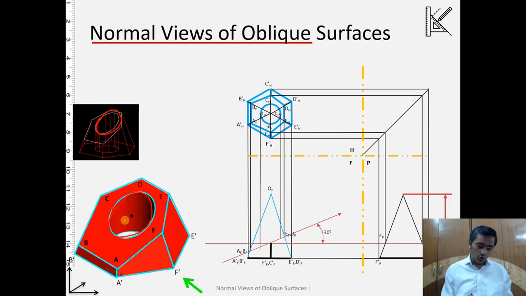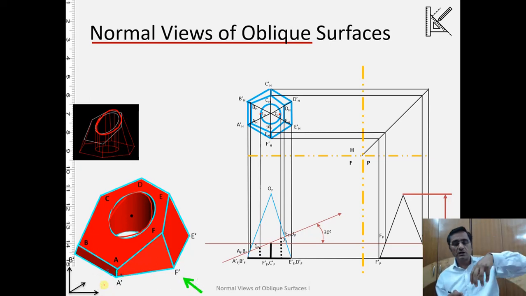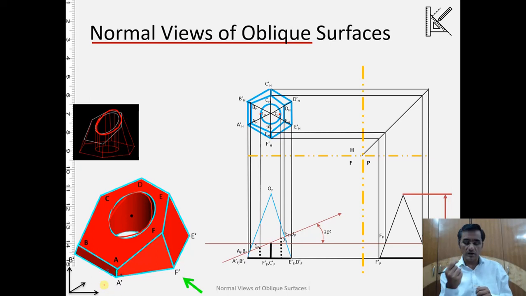Because this hole or the drill into the pyramid is going up to the bottom, we'll have some dashed lines. So these dashed lines are showing that the drill is going up to the bottom of the pyramid. Alright, so we are also able to locate the points corresponding to this drill onto the inclined surface.